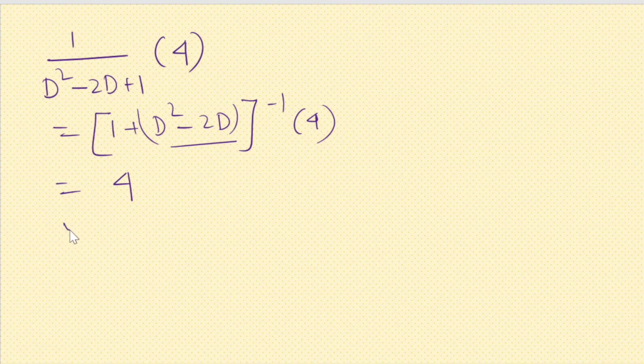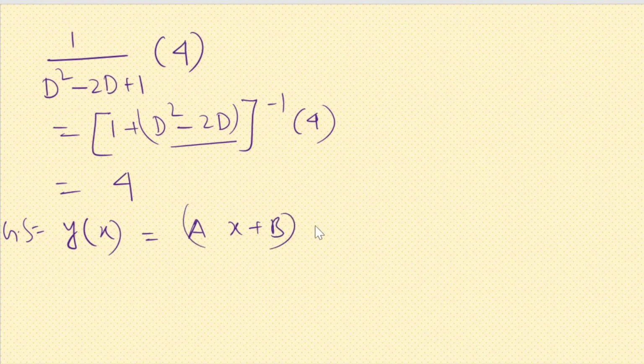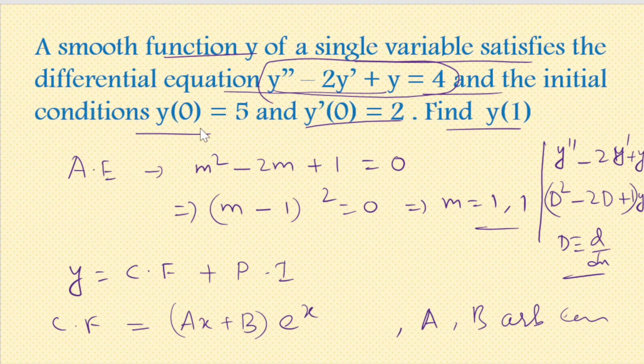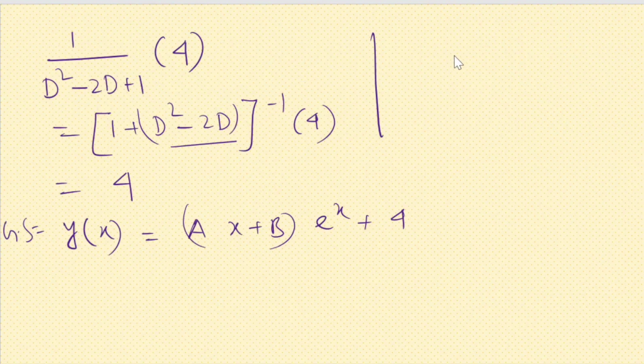Now the general solution is y(x) = (ax + b)e^x + 4. Now applying the given conditions, y(0) = 5 and y'(0) = 2.